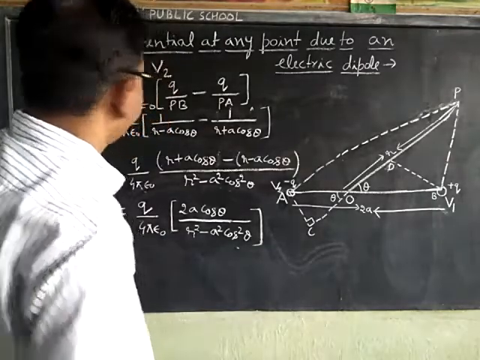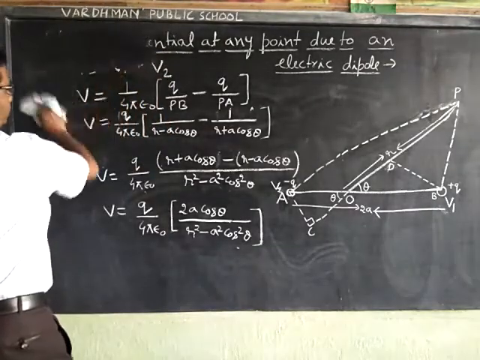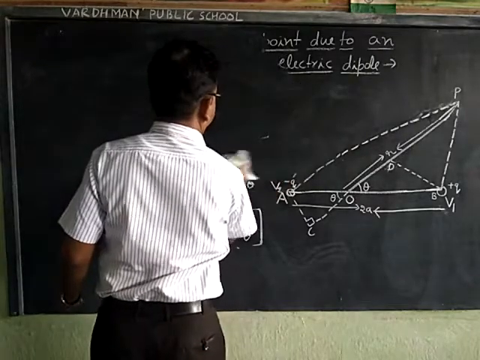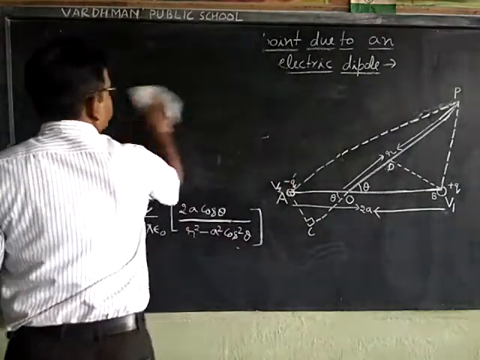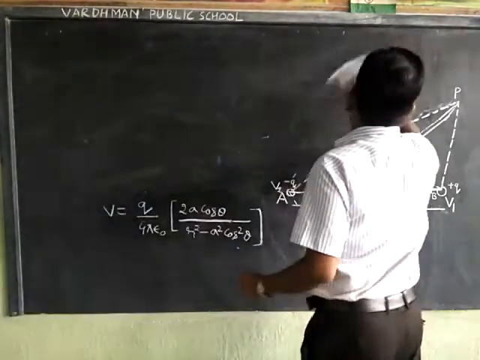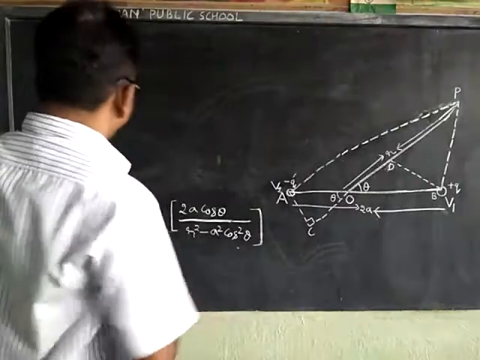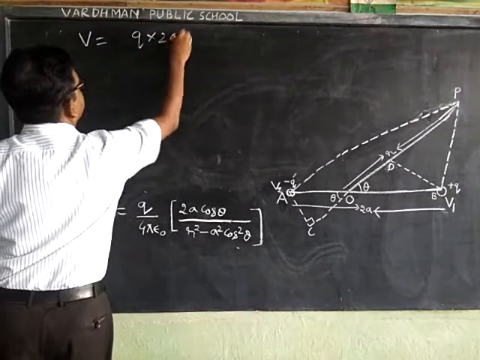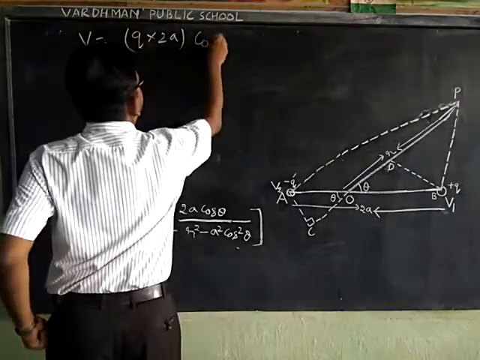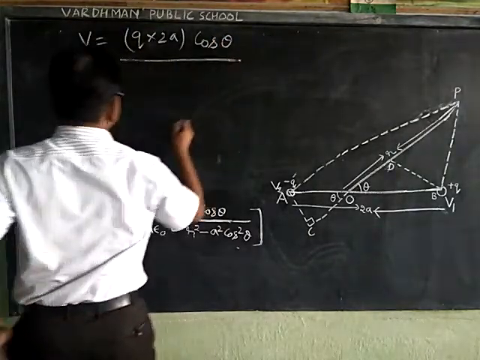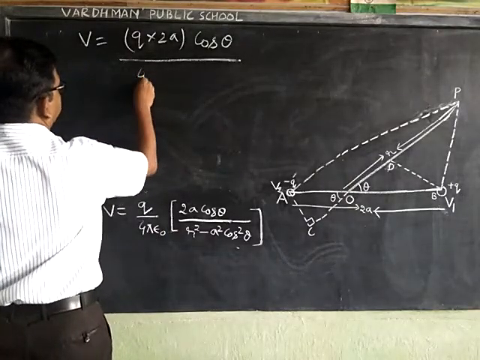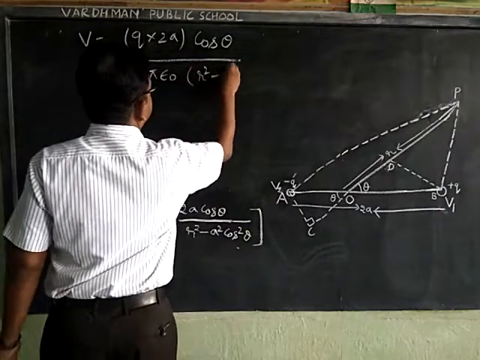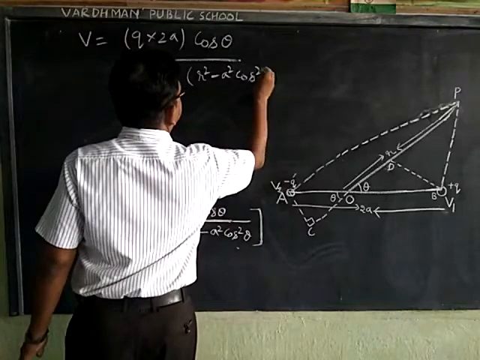So V is equal to Q into 2a upon r square minus a square cos square theta.